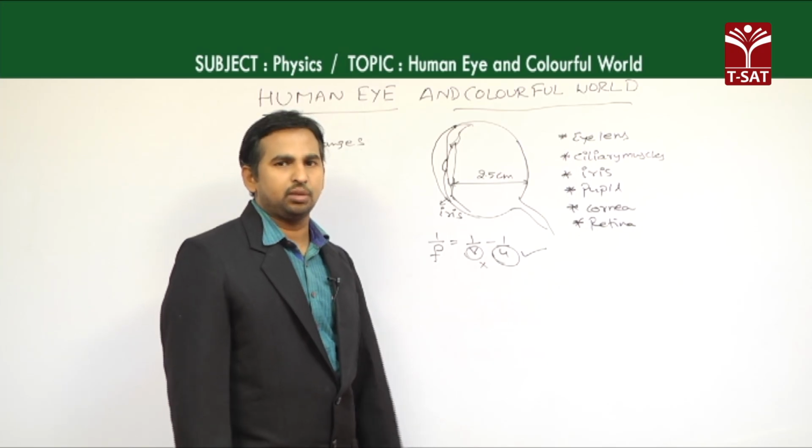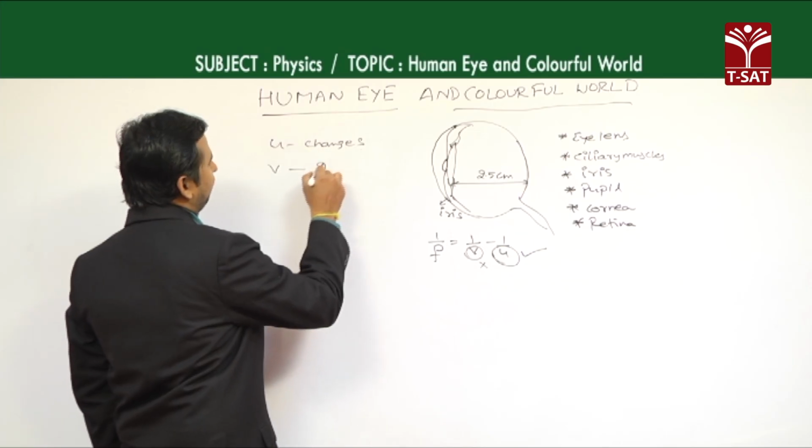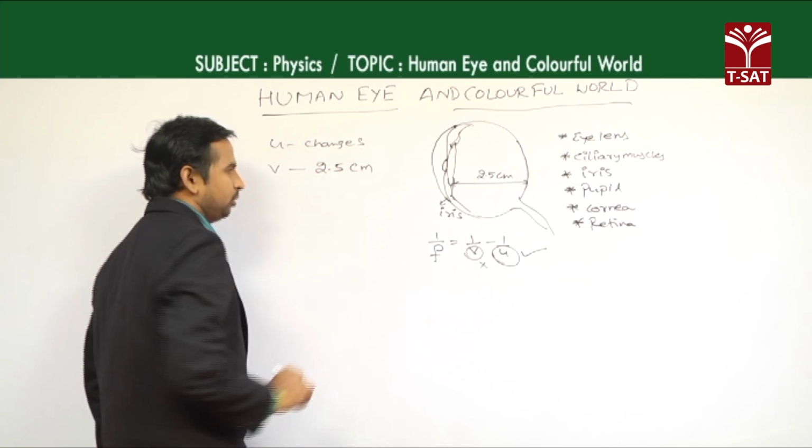That is our image distance, the v value, always fixed at 2.5 centimeters.